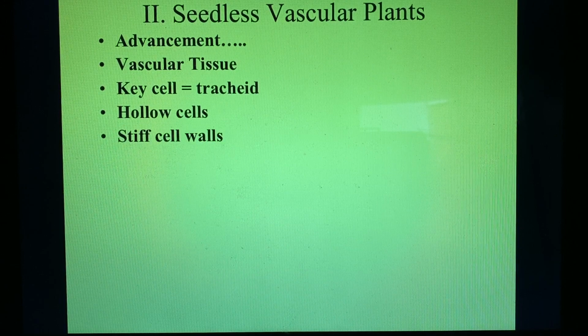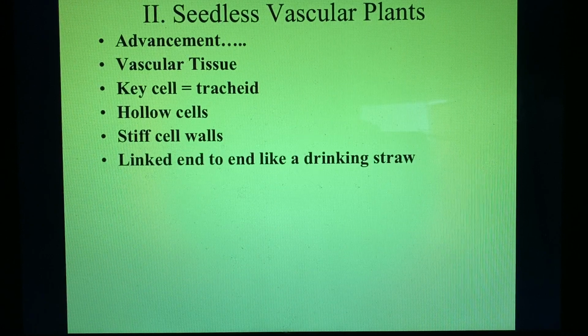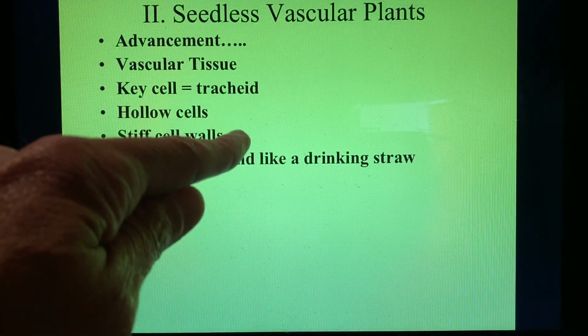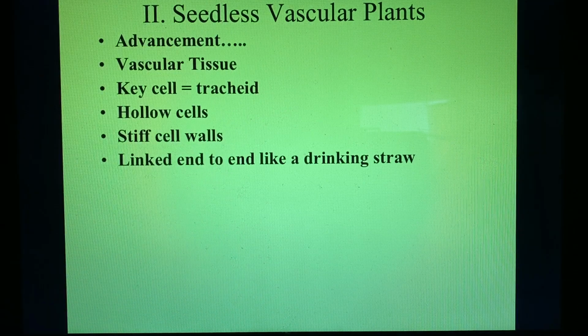They have very stiff cell walls, so that prevents these cells from collapsing, which again, if you're moving things around, you cannot have tubes that collapse on their own. All right? They are linked end to end like a drinking straw. Sometimes they're butted against each other, and I'm going to show you in the picture, sometimes they're kind of tapered, and those tapers fit together. It's pretty neat. So these cells just line up one after another, after another, and then things can move up through that string or line of cells.